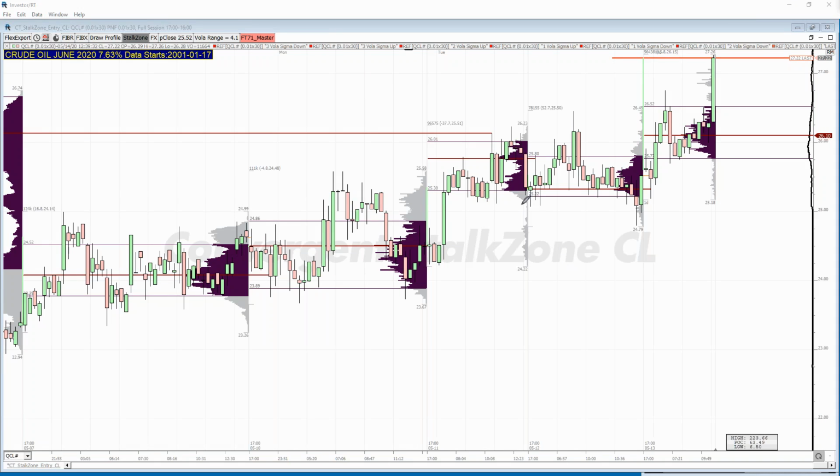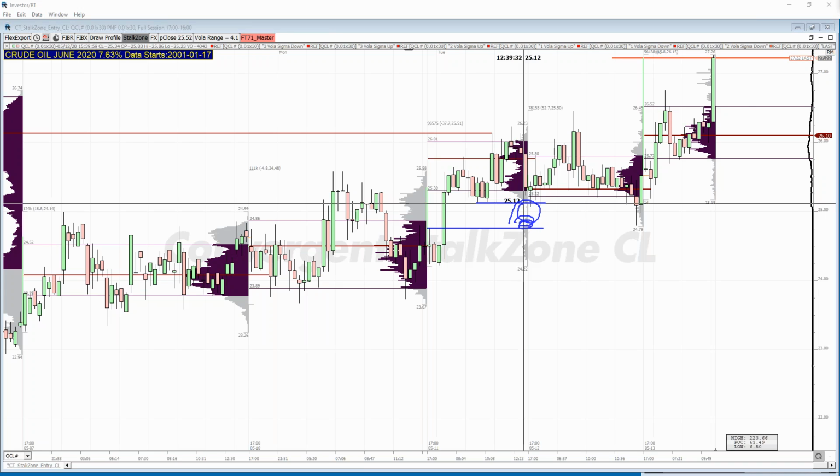So this area here, if you look at how it came back and it left this thin area here, that's rejection. And you could see that about here is where that started from. This is important to track later.